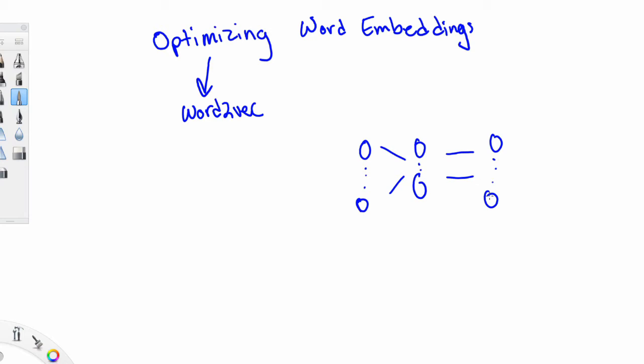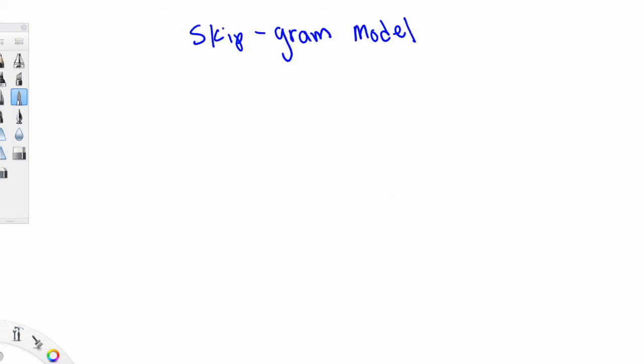Before we look at why that is, let's talk about the Word2Vec model that we're going to be explaining first, and that is the skipgram model. So the theory behind skipgram is as follows. You start with a large collection of words for which you want to derive word embeddings, and this collection of words is called a corpus.